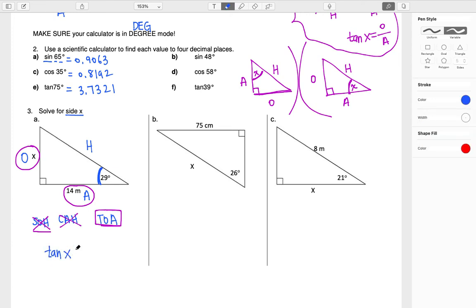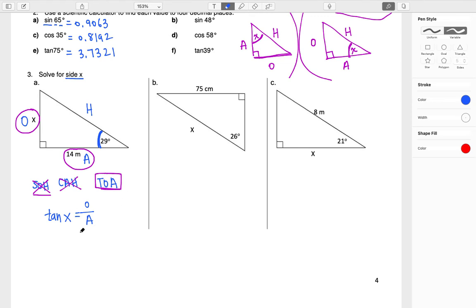Tangent x is equal to opposite over adjacent. Now let's plug in information that we know. Tangent x, which is the angle, is 29 degrees, equals opposite, which is x, over adjacent, 14. So to isolate for x, we're going to move 14 to the other side. So opposite of dividing is multiplying.